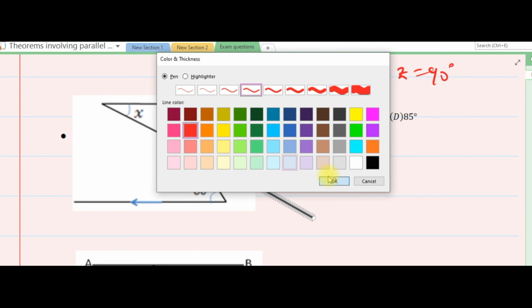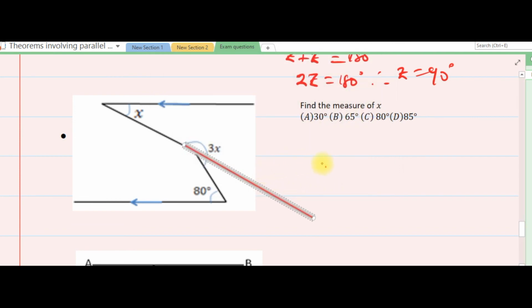Again, I will now extend this line. So that's what I did. So you notice that here is x. Here should be x. But this is a parallel line. This is a transversal. So this is x.